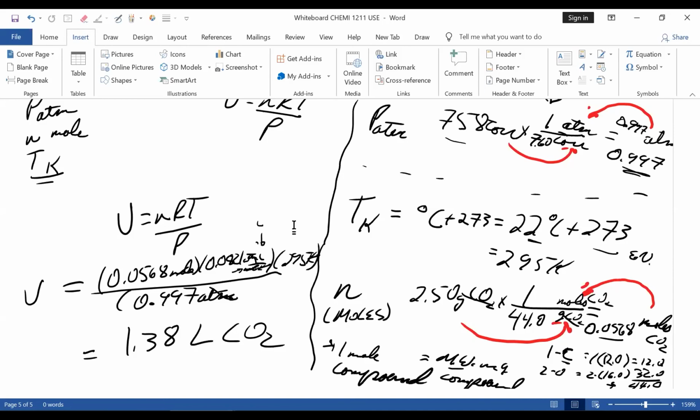When you breathe, a real deep breath is 2 liters. Have you ever seen the 2-liter bottle of pop? If you burp 2.5 grams, that's about 2/3 of a bottle of burp. That's a big burp. And see, you can have fun with burps and PV equals nRT.